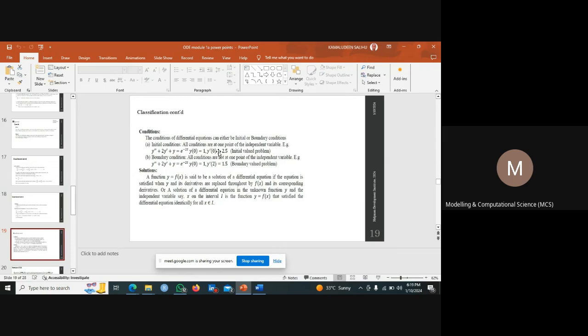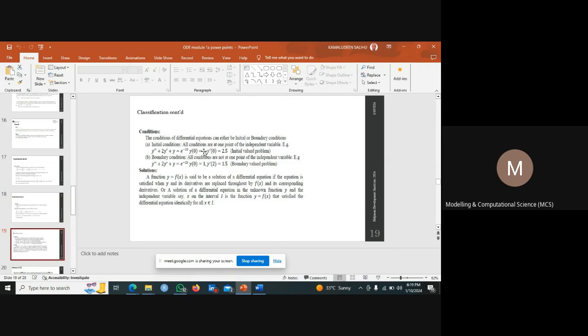Initial is when you specify at a single point of the independent variable, or at a starting point, the beginning. You see your t equal to 0.